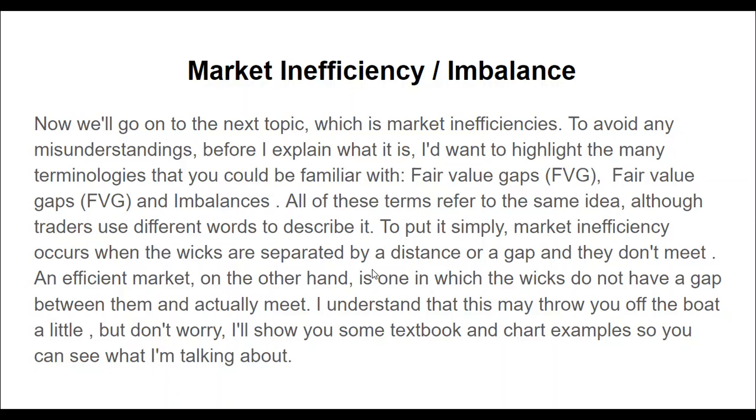An efficient market, on the other hand, is one in which the wicks do not have a gap between them, and they actually meet. I understand that this may throw you off a little, but don't worry. I will show you some textbook and chart examples so you can see what I'm talking about.